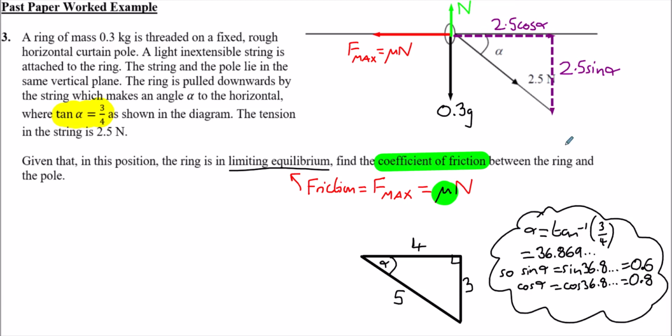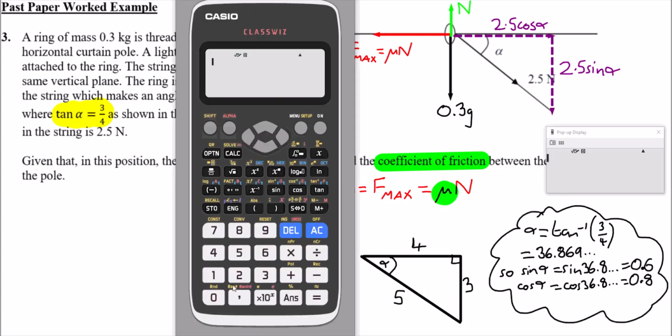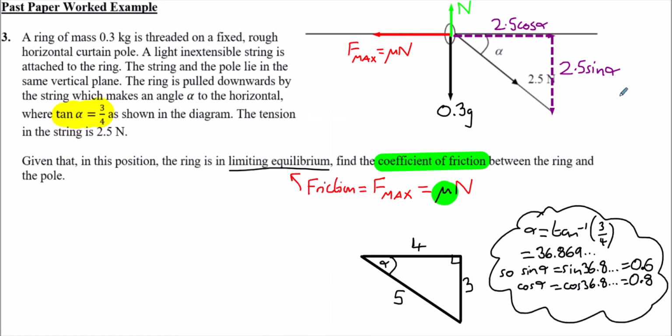Because we know that sine alpha is 0.6, we can just do 2.5 multiplied by 0.6. Again, if this is in any doubt, just use your calculator. So 2.5 multiplied by 0.6, try it if you want to. You'll get 1.5.